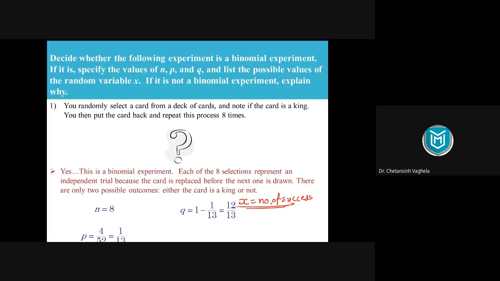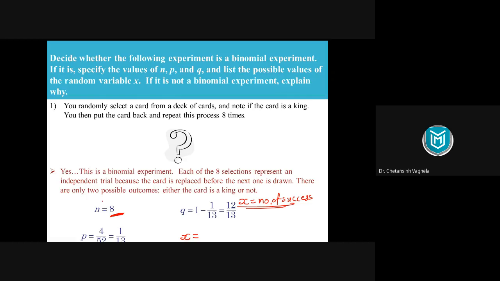अब if I need to identify the value of x, कोई बोल सकता है मुझे कि अगर मैं यहाँ पे 8 बार ये सेम प्रोसेस रिपीट कर रहा हूं, एक कार्ड ले रहा हूं, एक कार्ड पिक कर रहा हूं, नोट कर रहा हूं किंग है या नहीं, अगर किंग नहीं है तो फेलियर, इज इट? आई एम रिपीटिंग दिस एक्सपेरिमेंट फॉर 8 टाइम्स.